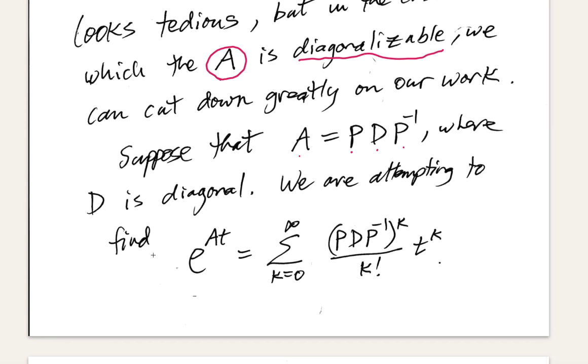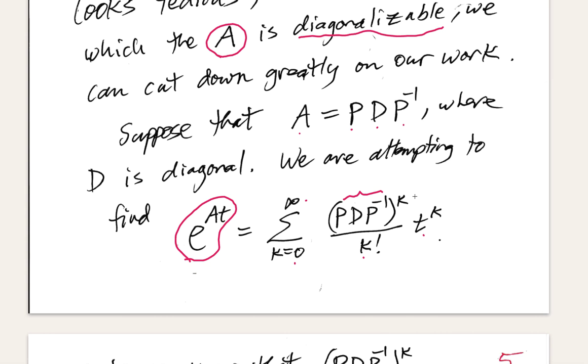We're attempting to find this. Now I'm using my summation notation, and I have my powers written as K. The summation K goes from 0 to infinity of A to the K power divided by K factorial, times t to the K. That's all we're doing.